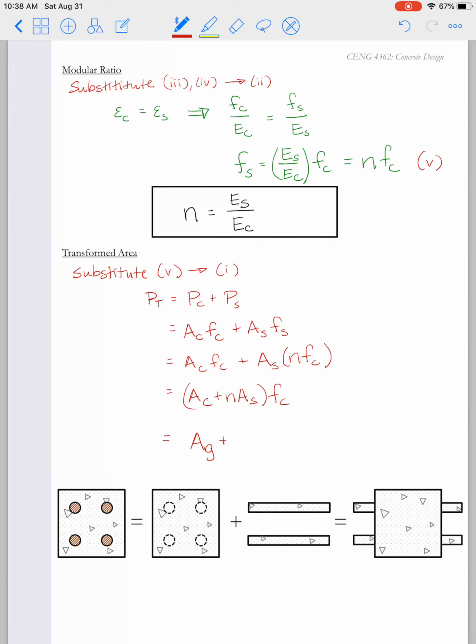So if we do that, we have the gross area, and then we have to take one A sub S away. So we take N minus 1 times A sub S, and we'll take all of this multiplied by F sub C. This area in the brackets is what we refer to as our transformed area for the reinforced concrete section.